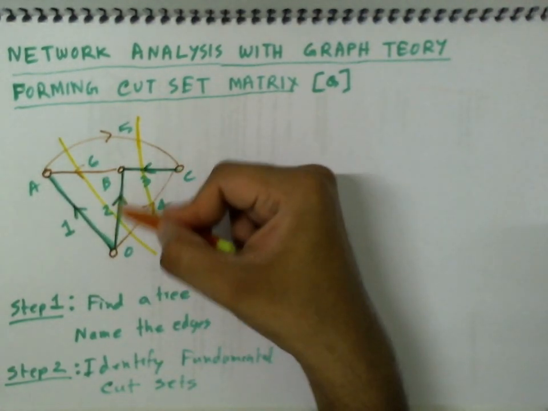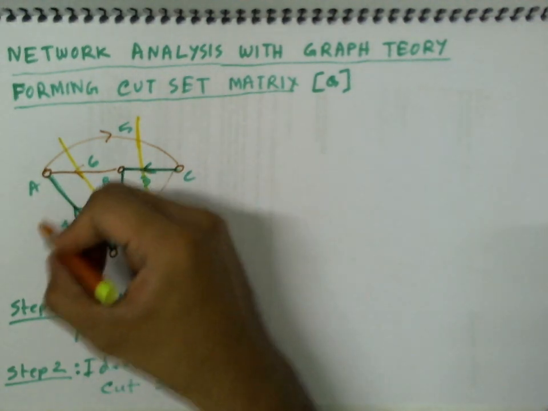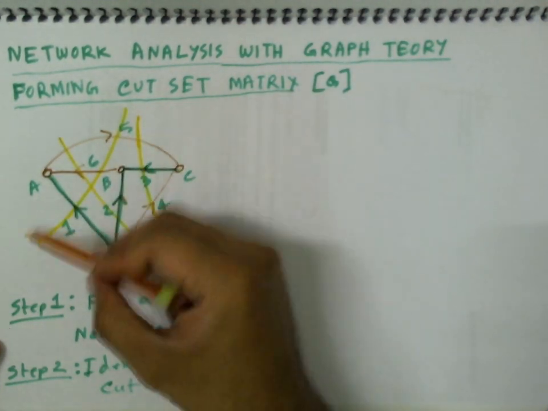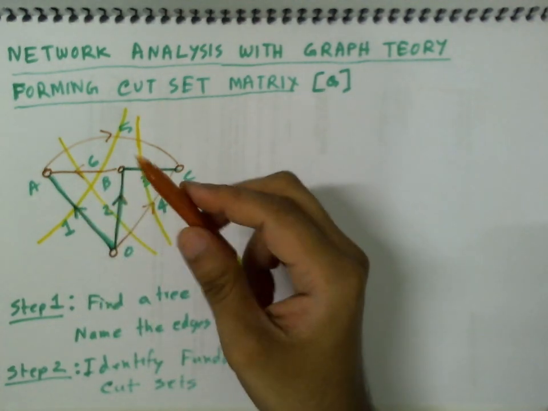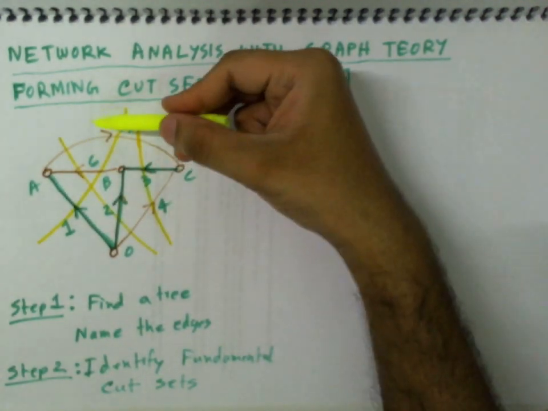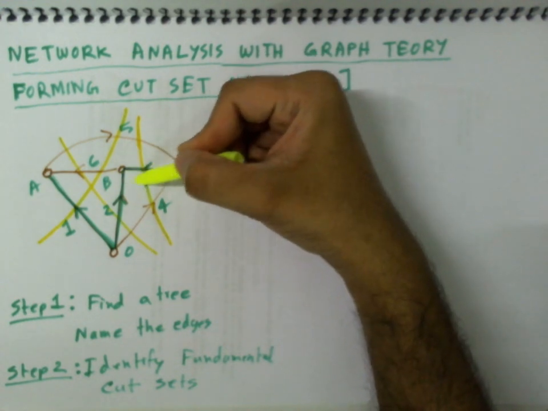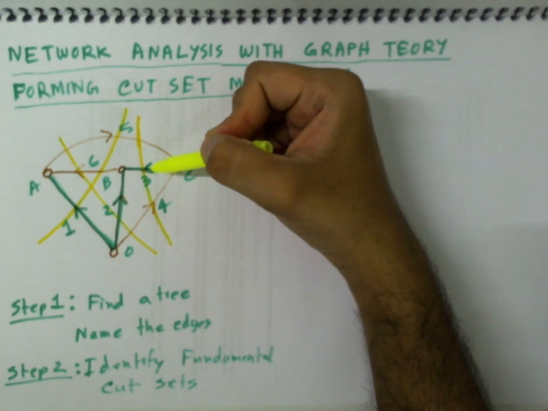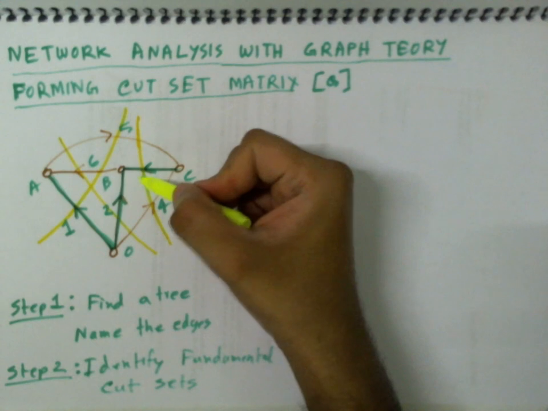This passes through only 1 twig. This one. You can take this one. So this also passes through only 1 twig. But you cannot take a cut, say like observe my motion like this, because then I will cut 2 twigs, 2 and 3. That's not allowed.